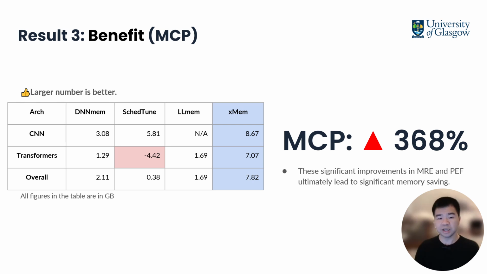This represents a 368% improvement in memory conservation compared to the average value of the other baselines. Additionally, a quick note: Shelton's negative value is simply because this pre-trained model was only trained on CNN models, not on transformers.